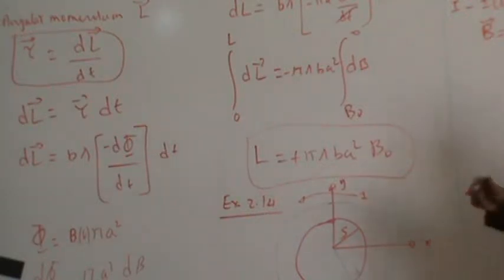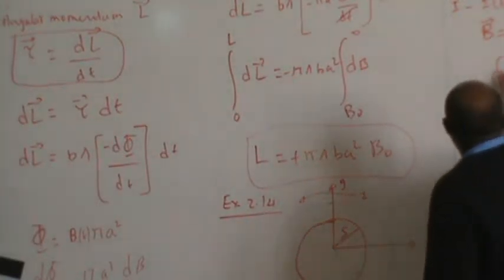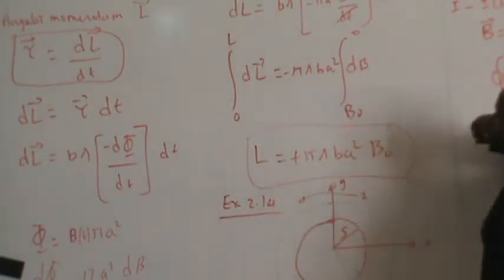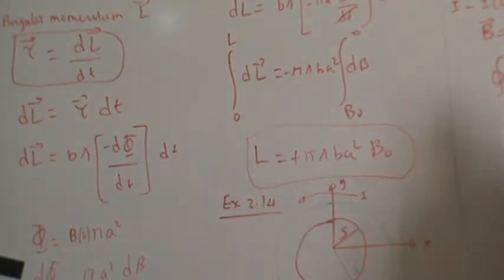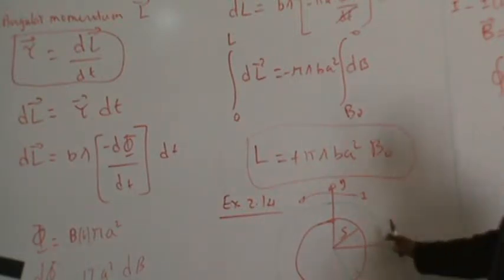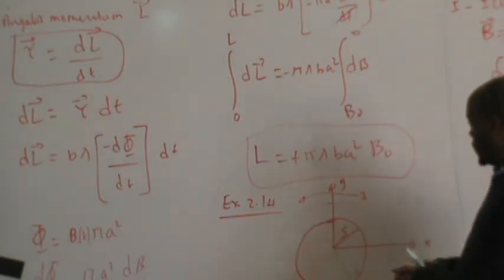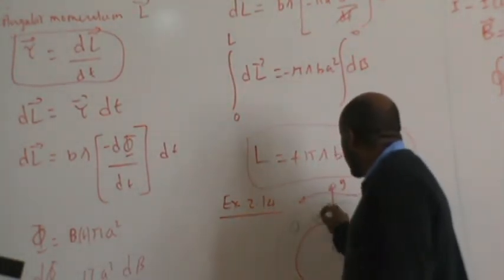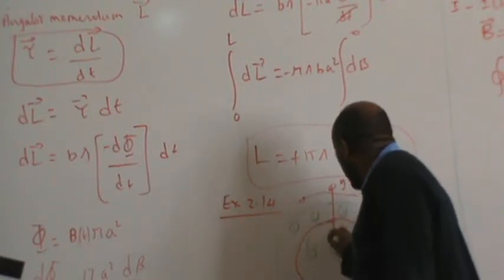From Faraday's law, the integral of E dot dl equals minus d phi by dt. What's going to be the flux through this loop? You can think of the direction of the magnetic field as coming out.